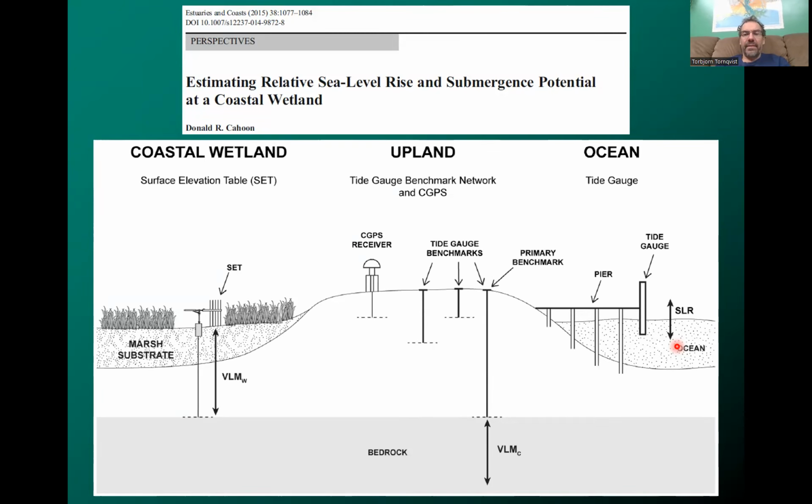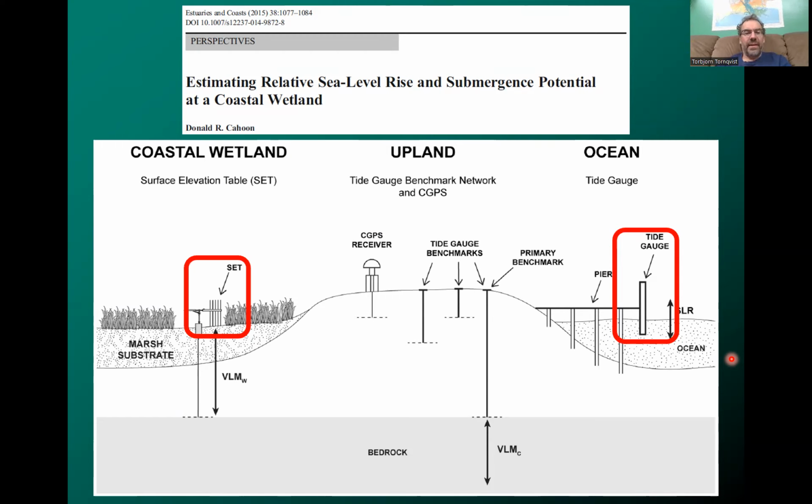And one thing that is very commonly done is that the SET system sitting here in this marsh is often linked to records from tide gauges. Basically, the idea is that we look at a nearby tide gauge to compare the rate of relative sea level rise in that particular coastal zone, and then compare that with the rate of elevation change at a marsh location to determine whether that wetland is keeping up with relative sea level rise or not.